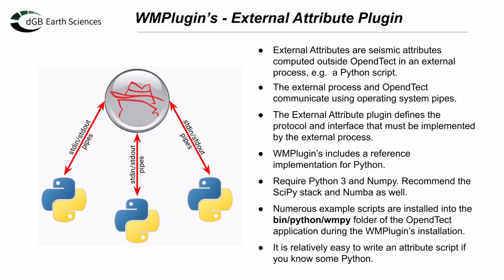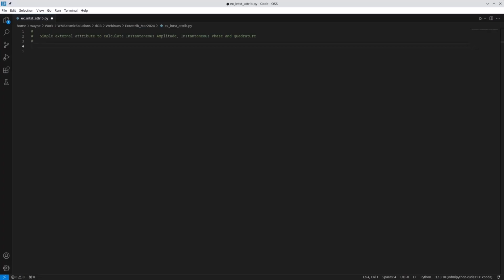In that folder are some Python modules that support the external attribute plugin, as well as a selection of external attribute scripts. In this demo, I hope to show that it is relatively easy to write and use your own Python attribute scripts. We'll start by writing the code to compute some simple complex trace attributes.